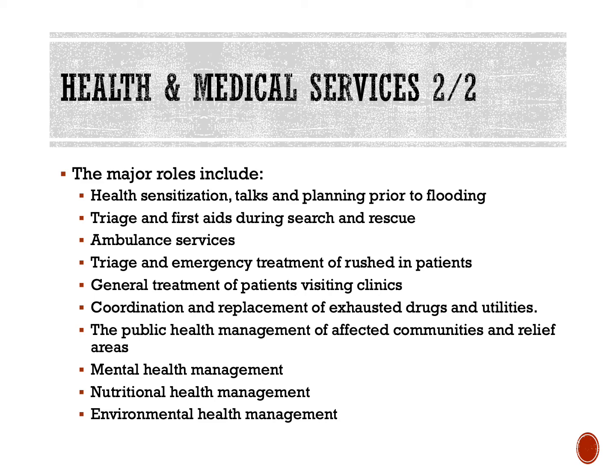People might begin to get malnourished, so you need to make sure that you have a plan. Environmental health management, there's a lot of environmental issues we've discussed. So you can see there's a whole lot of health and medical services that can be provided during disasters such as flooding, and they are important at various levels of the management plan.